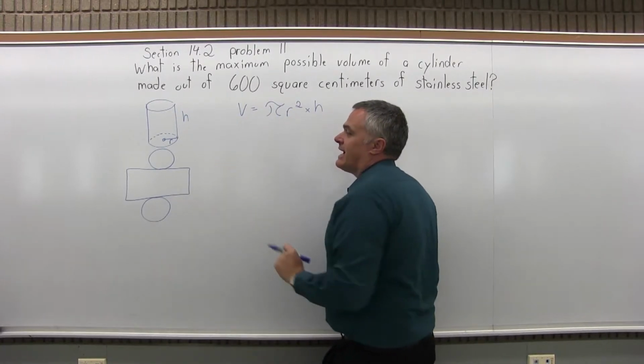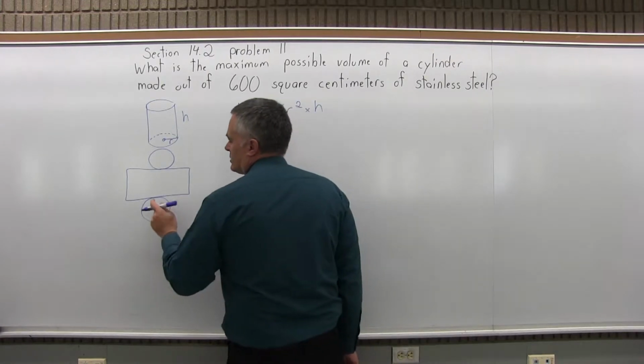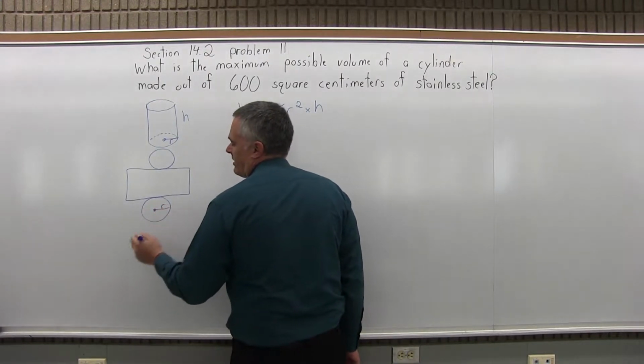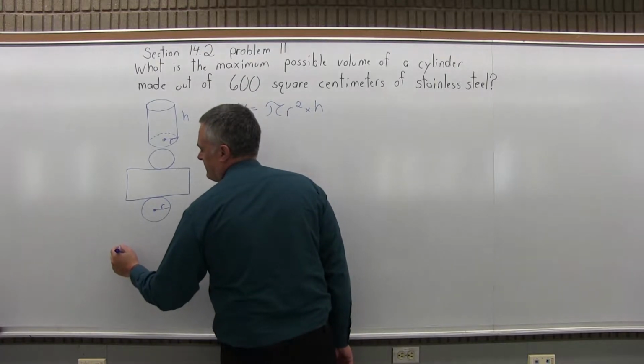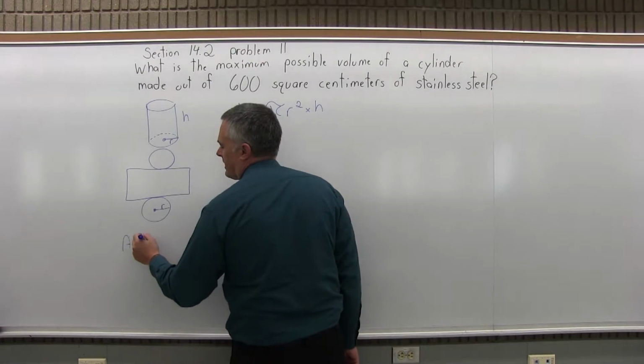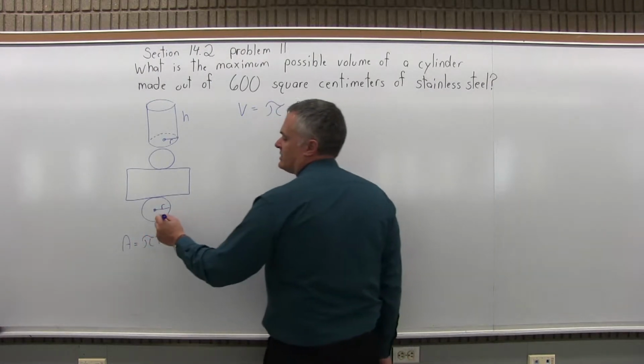And all that has to add up to 600 square centimeters. So each circle has an area equals pi r squared. That's each circle.